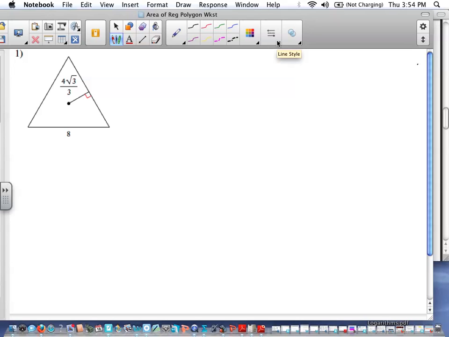Okay, area of regular polygons, the first one starts out actually pretty easy. Remember the formula is the area is equal to 1/2 the length of the apothem times the perimeter. And in this first problem, we'll see that we're actually given the apothem, so 1/2 the apothem, √3/3, times the perimeter.